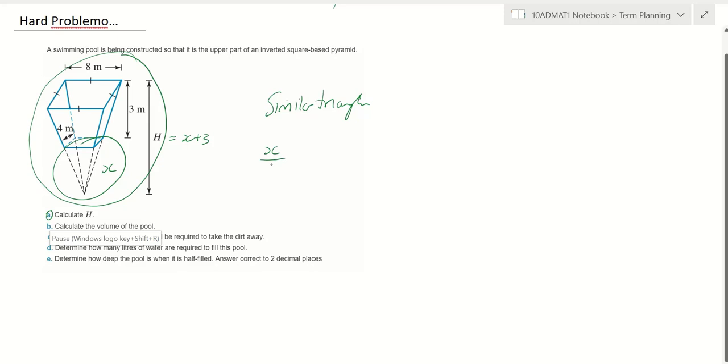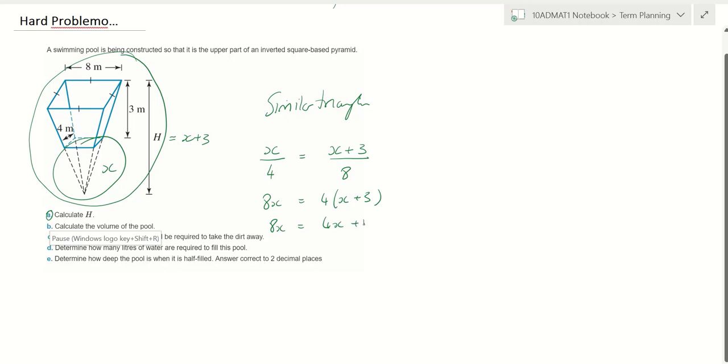And then we can write x on 4, which is the base of that triangle, is the same as x plus 3, the whole height, over 8, which is the base of that triangle. Then with rearranging, so we bring our 4 up to this side and our 8 up to the other side, we have a simple equation we can solve.